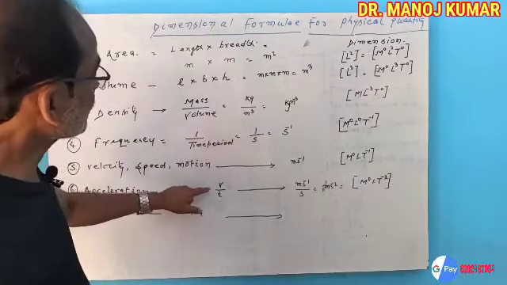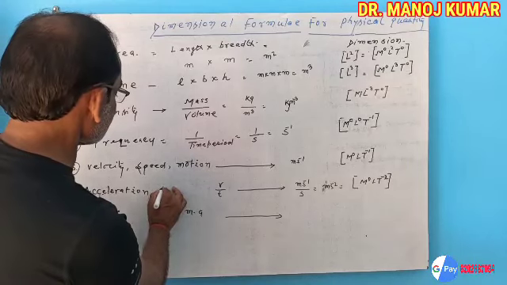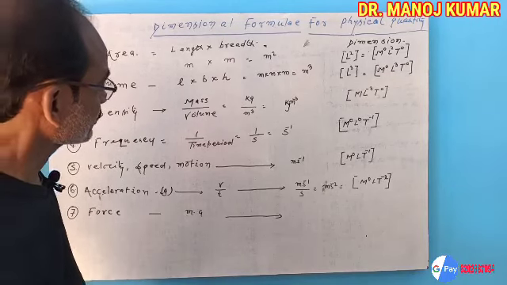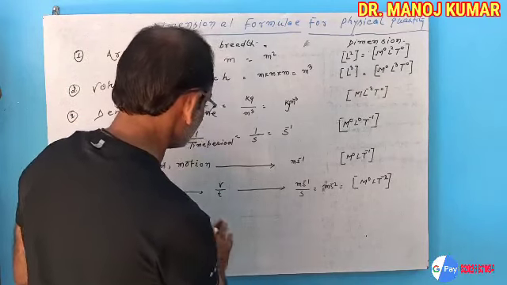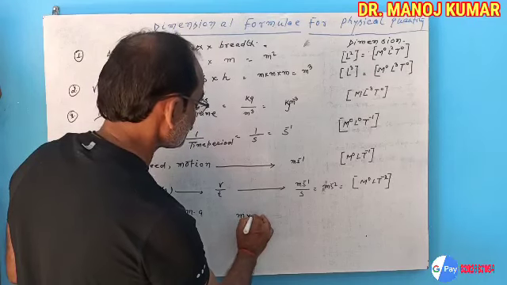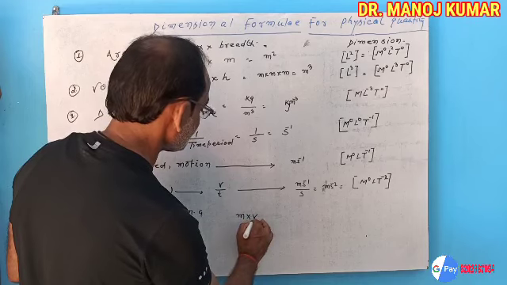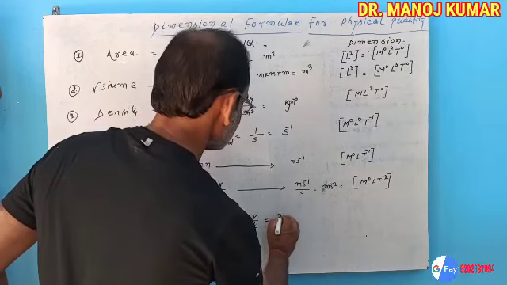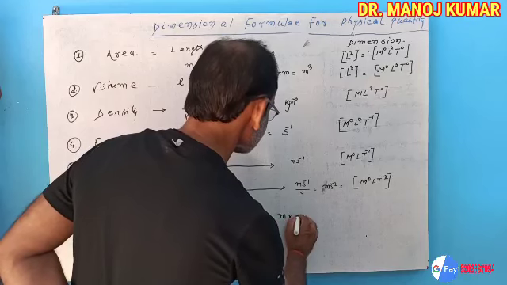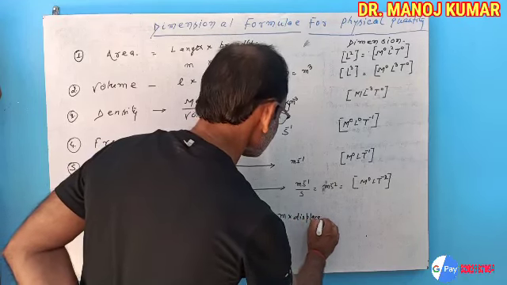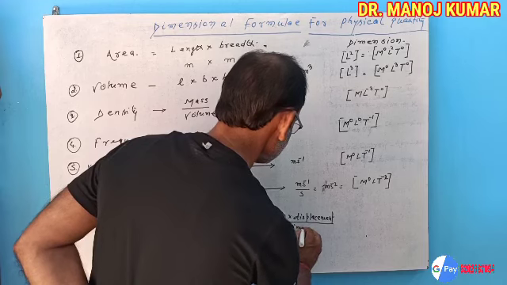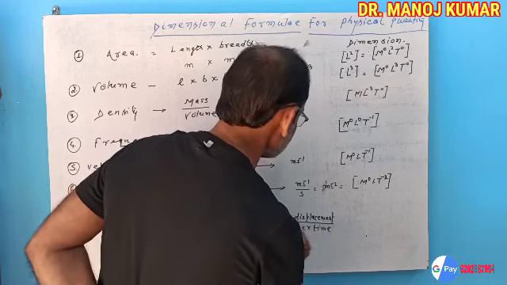Here acceleration a equals v by t, so it can be represented as m into v by t, that is m into displacement upon time into time.